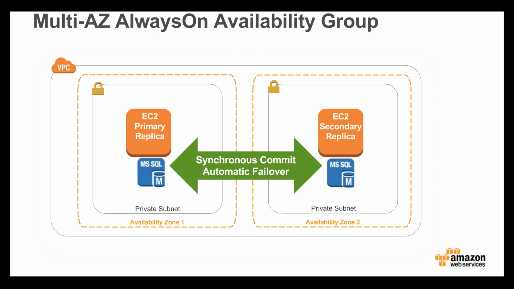Now let's talk about SQL on EC2 for a few moments here before we talk about RDS. Having multiple availability zones is really a game changer within AWS. Most organizations, and perhaps you've experienced this yourself in your own setups with SQL Server on premises, find that it's difficult to set up synchronous commit between data centers.